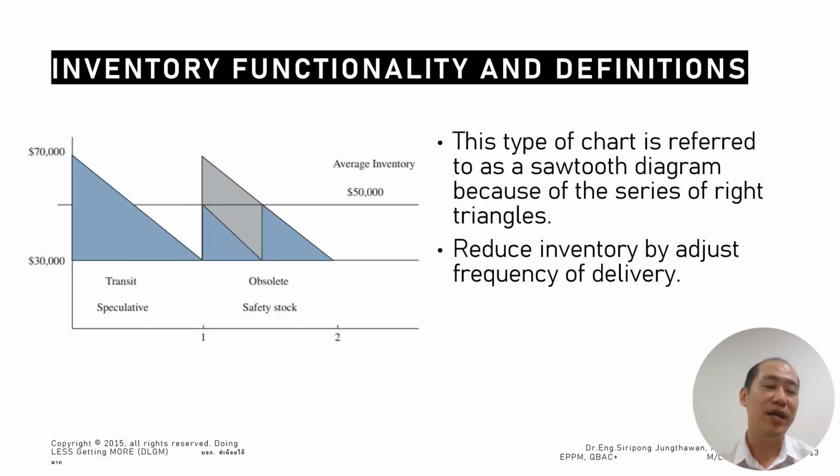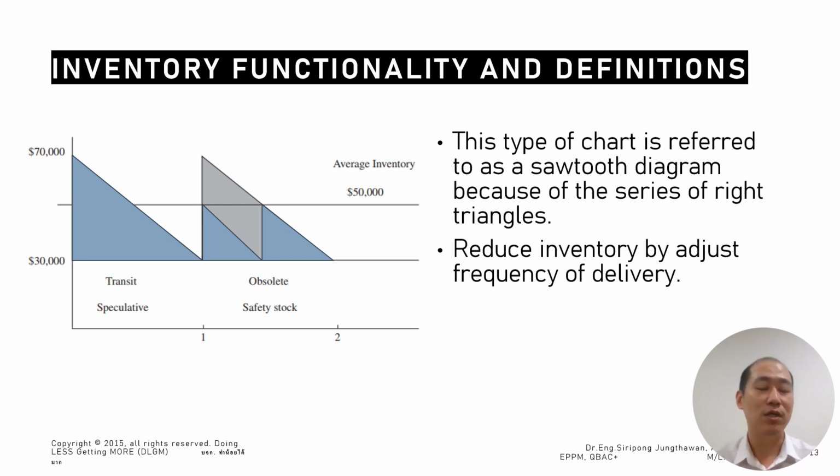And for the idea of how to manage the inventory, we have two ideas. First of all, you look at the sawtooth diagram, and you manage the sawtooth toward high frequency. You can reduce inventory. If you order 1 time a month, and then you change the policy to be every 2 weeks, so in one month you order 2 times, week 2 and week 4, right?